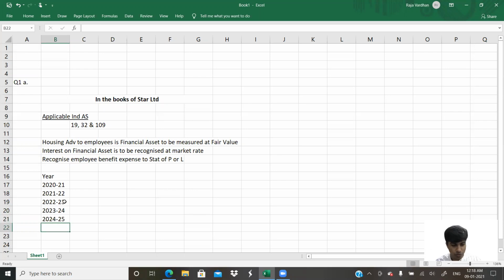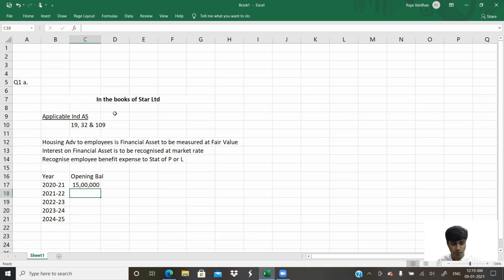So these are the 5 years for which we are accounting. Perfect. And how much exactly is the opening balance of the loan? Loan is 15 lakh given. How much loan did you give? You gave the advance of 15 lakh rupees to the employees.